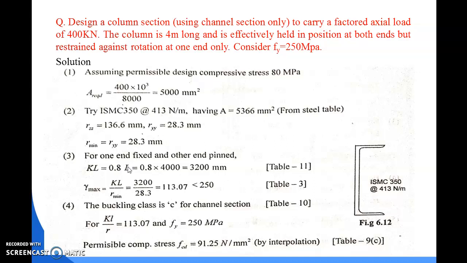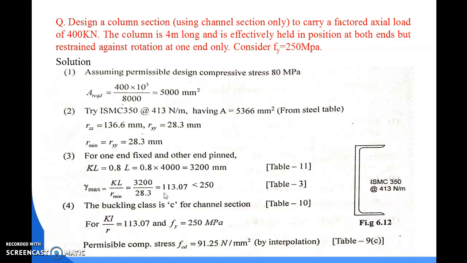We know that for Fe410 the Fy value is 250. We get the value of FCD as 91.25 Newton per mm square by the interpolation method, because in table number 9 the slenderness ratio is given in round figures like 10, 20, 100, 110, 120.